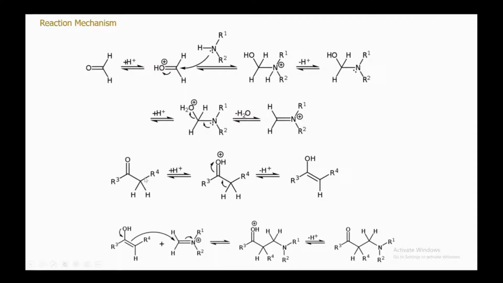Now we have a compound which is a ketone, or it could be an aldehyde, but it must possess an enolizable carbon or enolizable proton. So this is called the alpha carbon, and the alpha carbon contains a couple of alpha protons that are available for deprotonation, and as a result we can get the enolate or enolizable form.